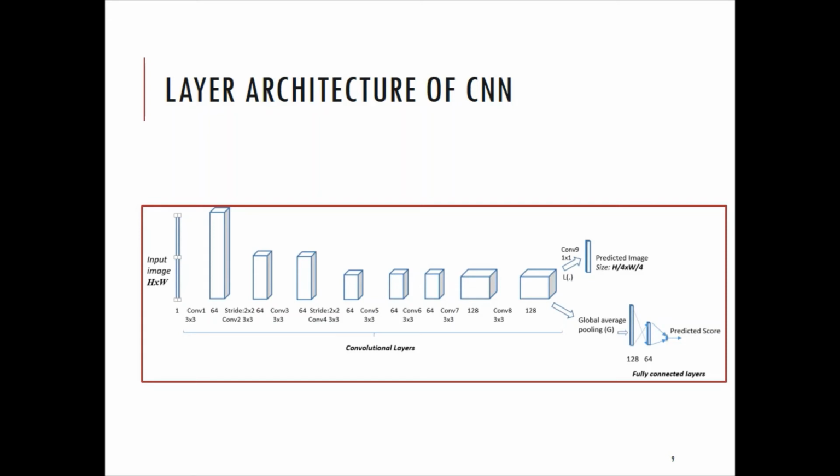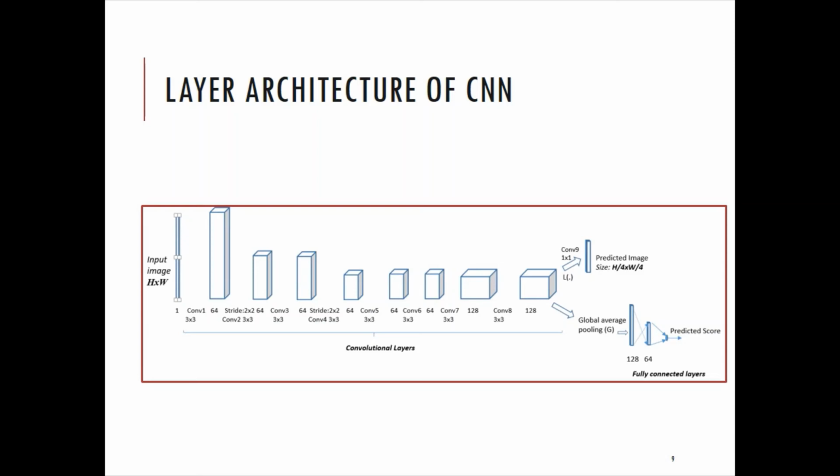The feature map obtained in a single layer form, with conv9 as the last convolutional layer, represents the expected image of the normalized input image, which is represented as the predicted image having size S by 4 by W by 4. The size of this image is determined by the number of max pooling operations that we have performed in the previous convolutional layers.